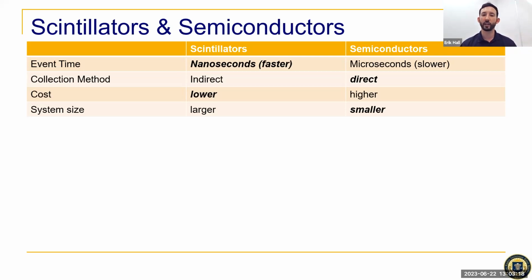And for system size, this also varies across materials, but generally, for a given application, you can use a smaller semiconductor than you would use for a scintillator. Assuming the electronics attached to those materials are pretty similar, you can accomplish the same thing with a smaller semiconductor than you would with a scintillator.